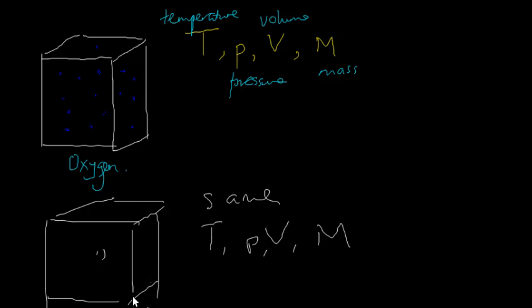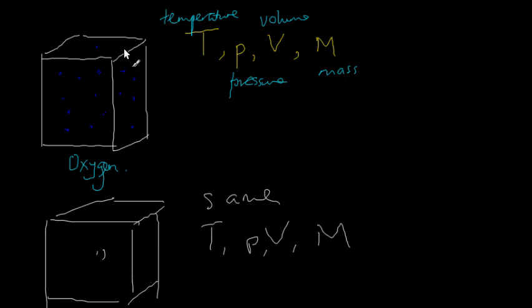There's no way you can tell between them, not unless you can actually see how the molecules move and find that they move differently. But apart from that, they would just look exactly the same, like identical twins.